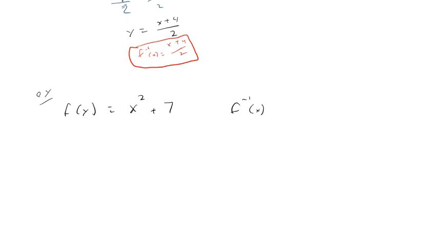So to find this, I again make this into y equals x squared plus 7. I'll leave it squared. Then swap my x and y, make it x equals y squared plus 7, and get the y by itself.